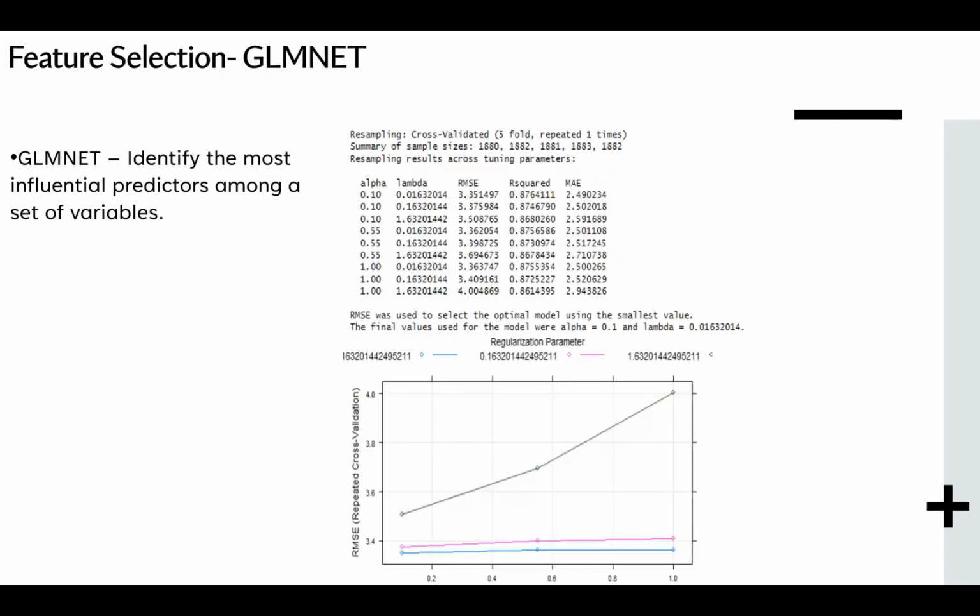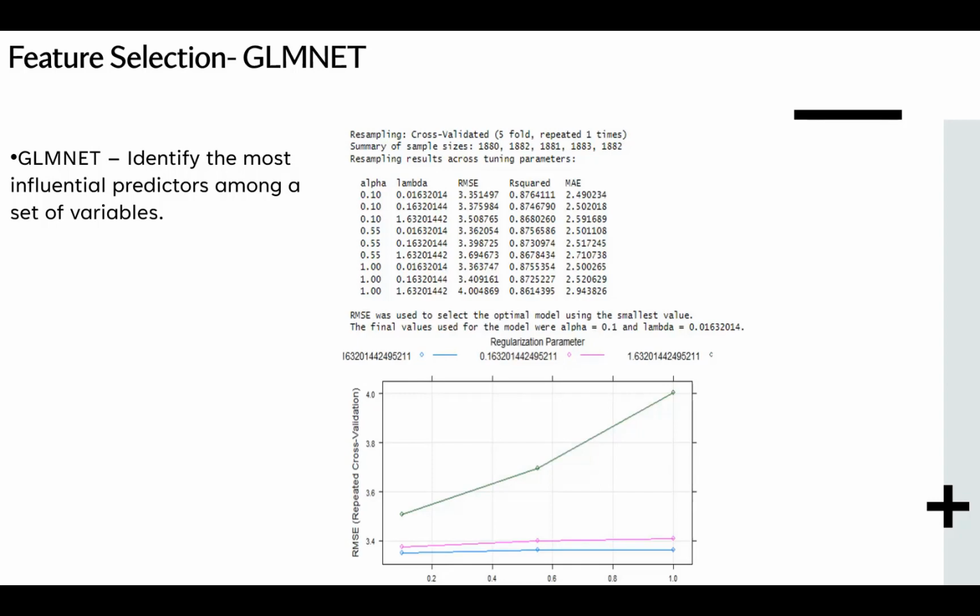To enhance the predictive performance of our model, we explore the feature selection method known as GLMNet. This technique allows us to sift through a multitude of predictor variables to pinpoint the most influential ones. As part of the process, we evaluate various combinations of alpha and lambda values to arrive at the optimal model.